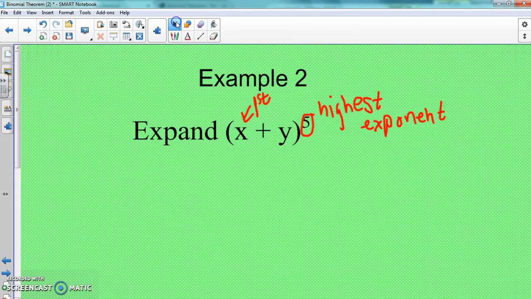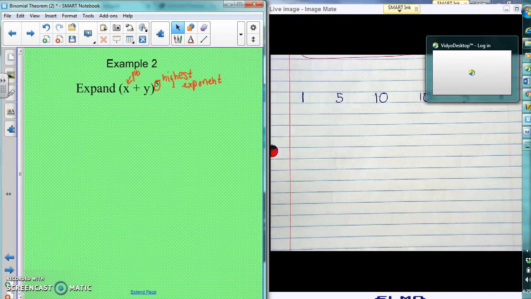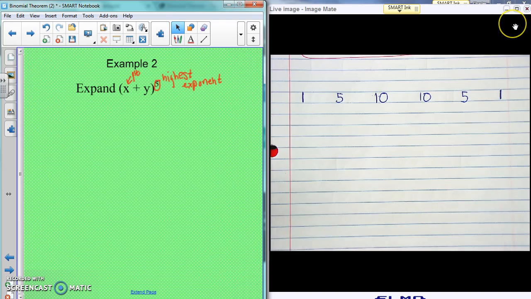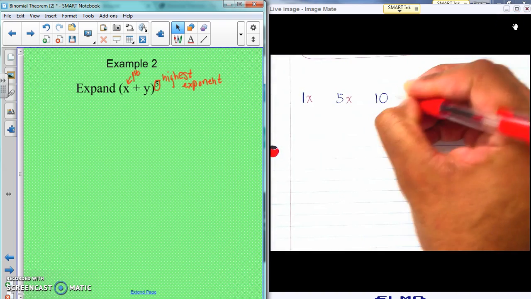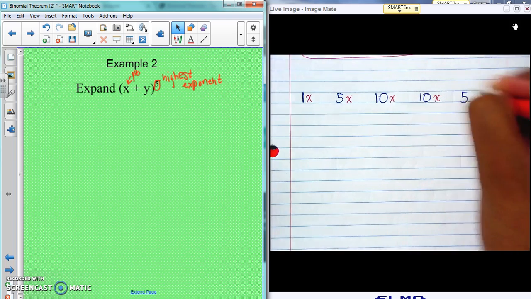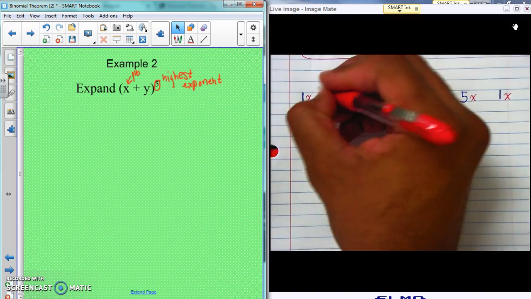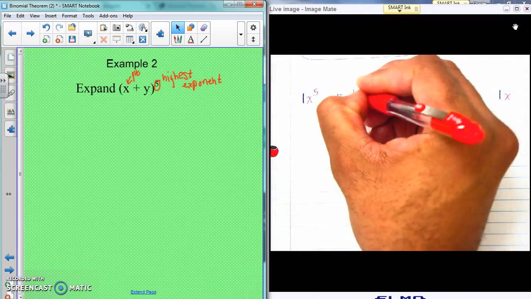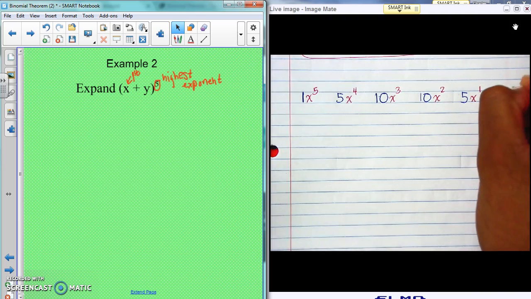All right, so we start off with 5, and then we go down until we get to 0. So we write down x for each one of these, and again, start off with the highest exponent, which is 5, and go down to 0. So 5, 4, 3, 2, 1, 0.